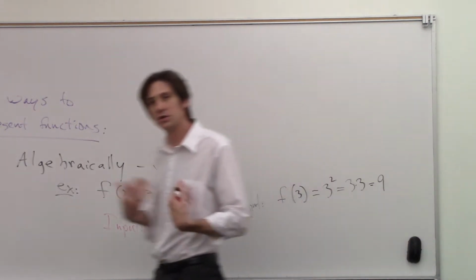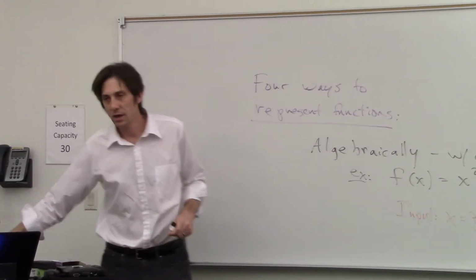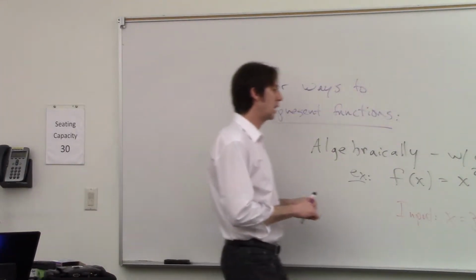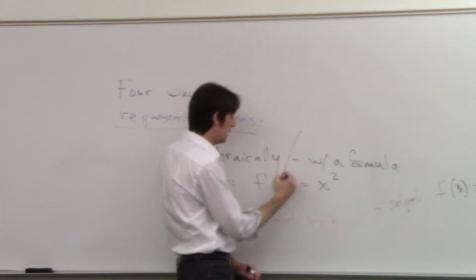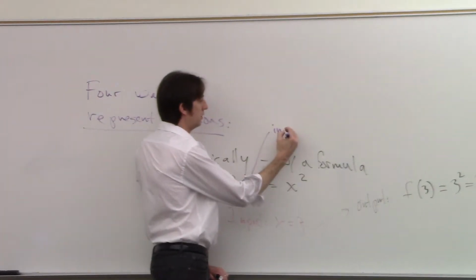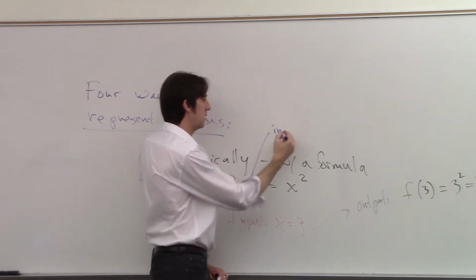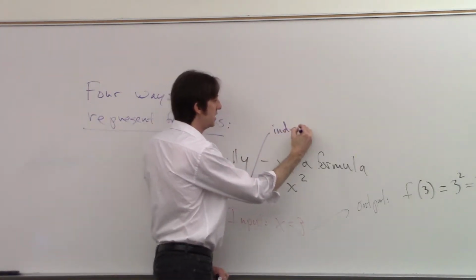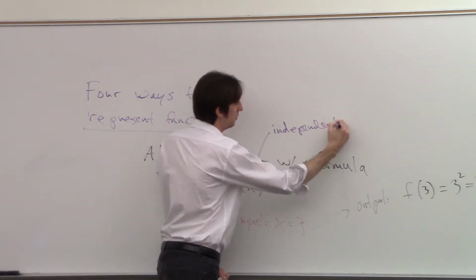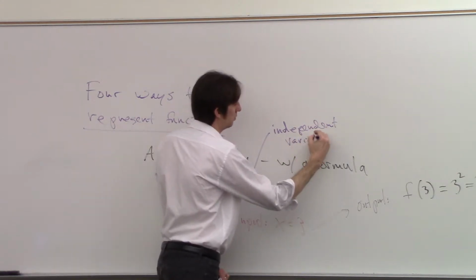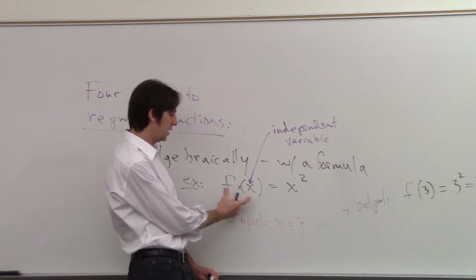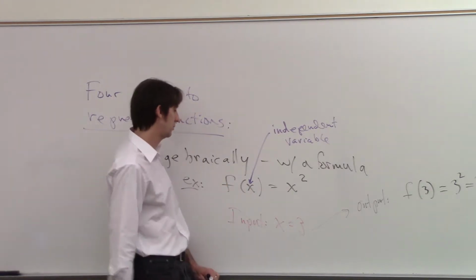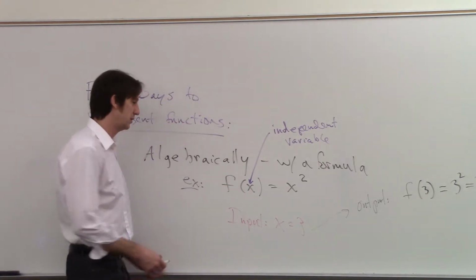Some other terminology associated with functions are names for two different kinds of variables. The letter x here, the input variable, is known as the independent variable. And then f of x itself, the entire expression f of x, is the dependent variable.